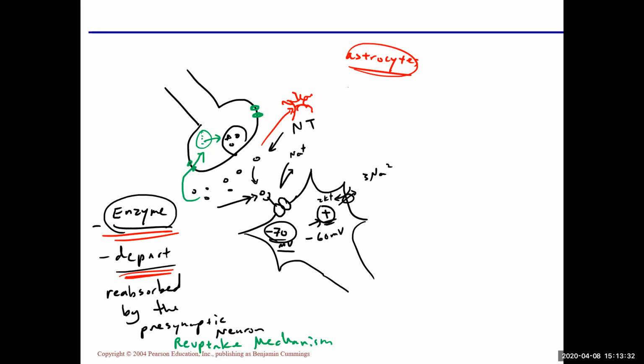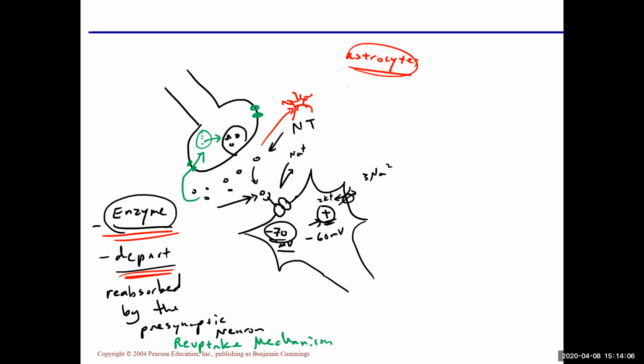All right. So now I'm going to go ahead and give you an example of the inhibitory postsynaptic potential. By the way, one good example of the excitatory postsynaptic potential is actually acetylcholine in the neuromuscular junction.